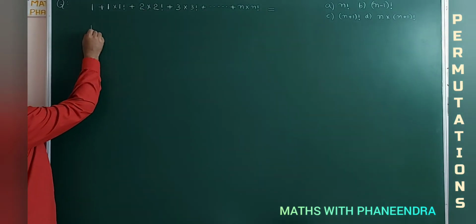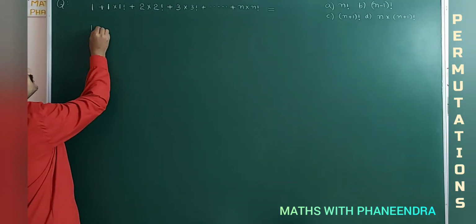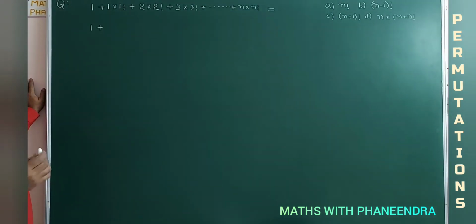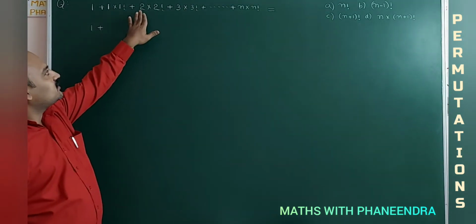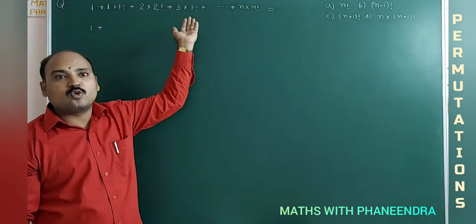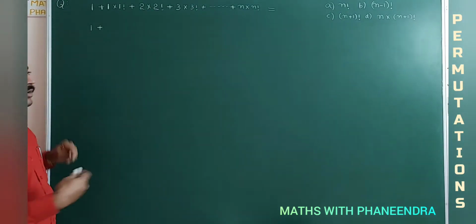First, 1 you have to write. Plus 1 can be expressed as 2 minus 1. In the next step, 2 can be written as 3 minus 1. 3 can be written as 4 minus 1. This is the way.